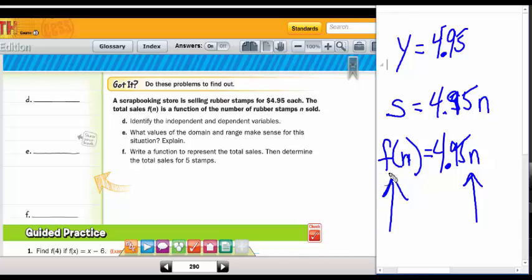So the dependent variable would be referred to as f of n, the total sales, and the independent variable is n, the number of stamps sold.